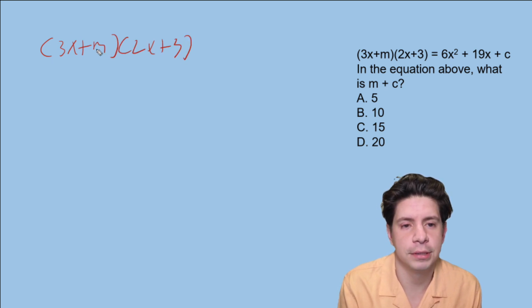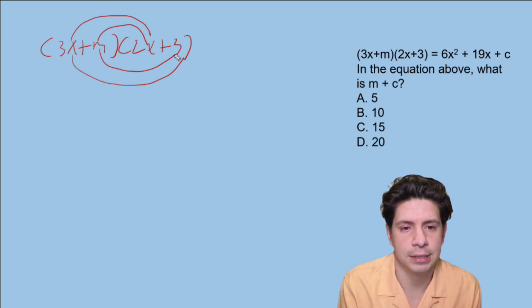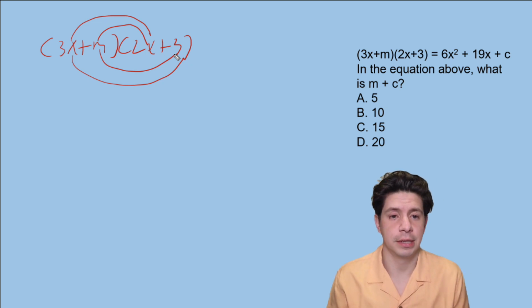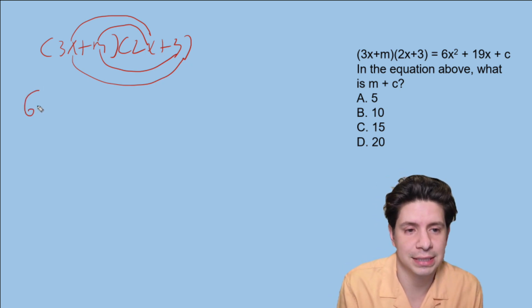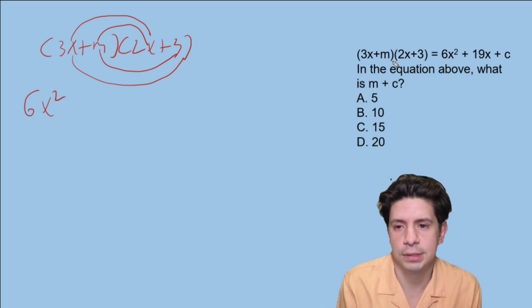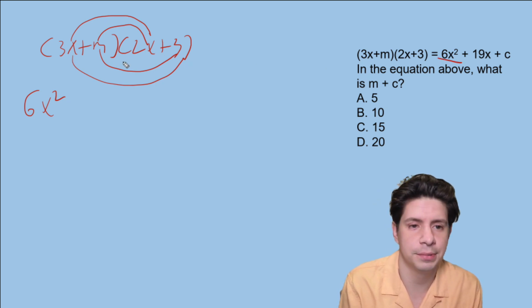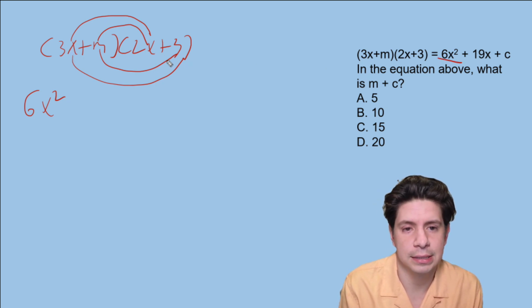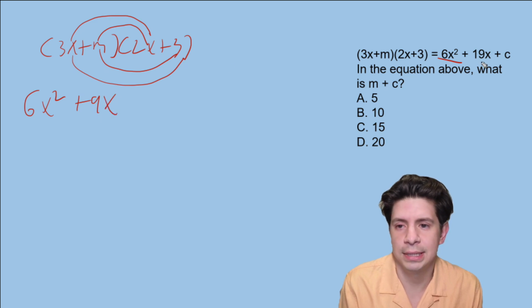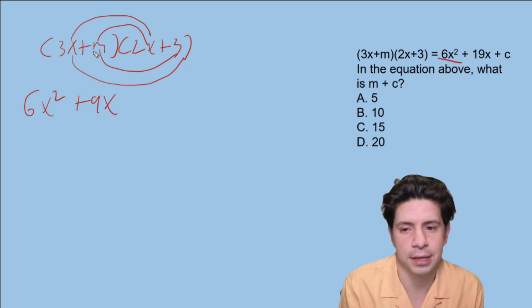Remember, when you FOIL, it's 3x times 2x, 3x times 3, m times 2x, m times 3. So 3x times 2x is 6x², which lines up with this one. Then 3x times 3 is 9x, which doesn't tie up with this, but you'll see that it's okay in a second.